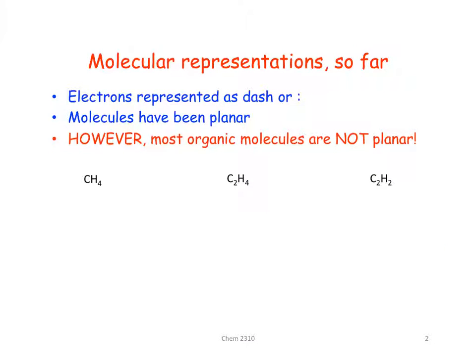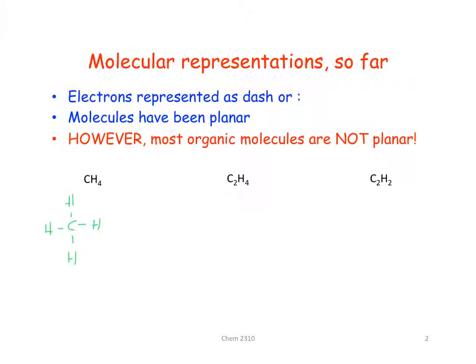All right, like I was mentioning on the previous slide, something like methane, we've been drawing as if it's all in one plane, but is there any reason to believe that that's what the shape should be? Not really. In fact, it doesn't make sense for this molecule to be planar.